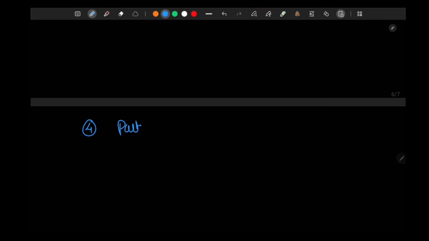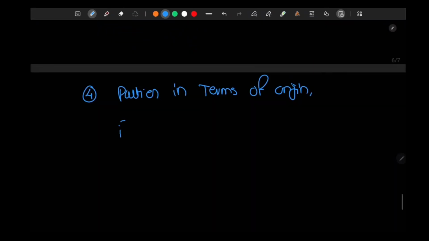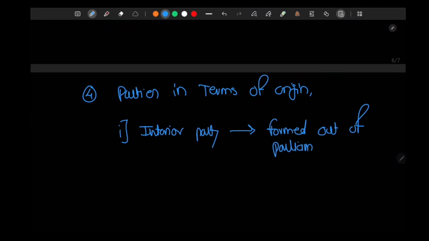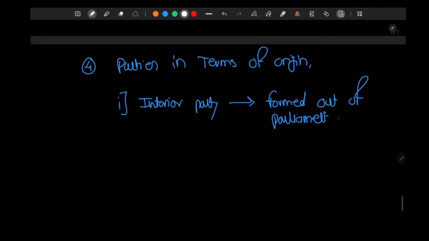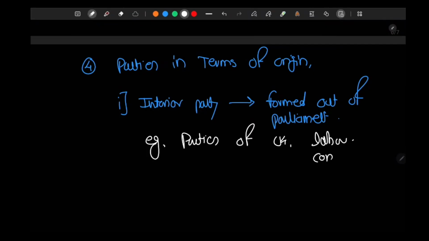right? Parties in terms of origin. First is the interior party, which is formed out of parliament. Example, the parties of the UK, Labour Party and Conservative Party.